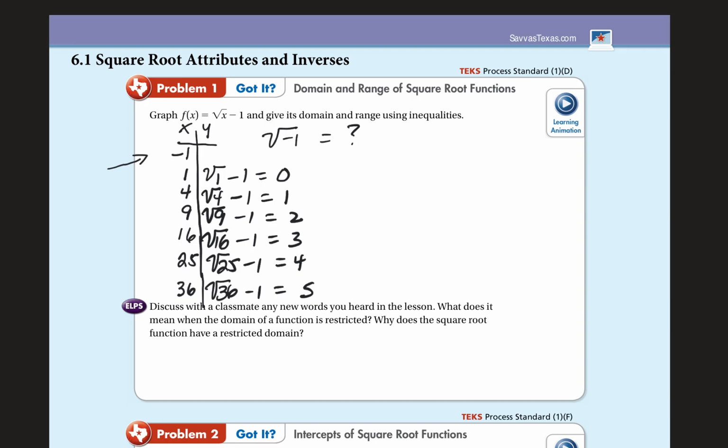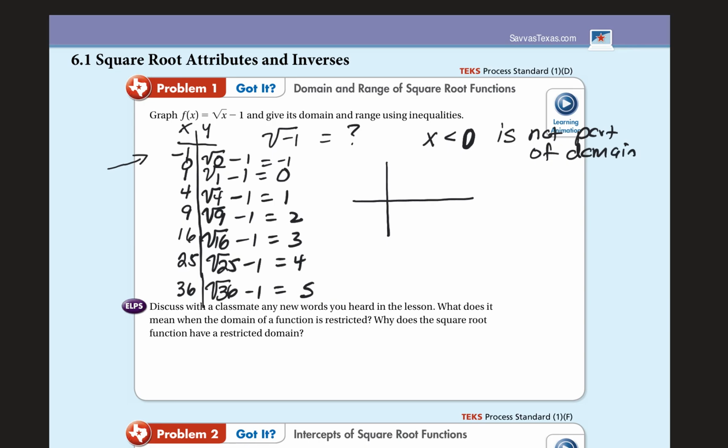So anything that is less than 0, x less than 0, is not part of the domain. So I'm going to go ahead and graph.